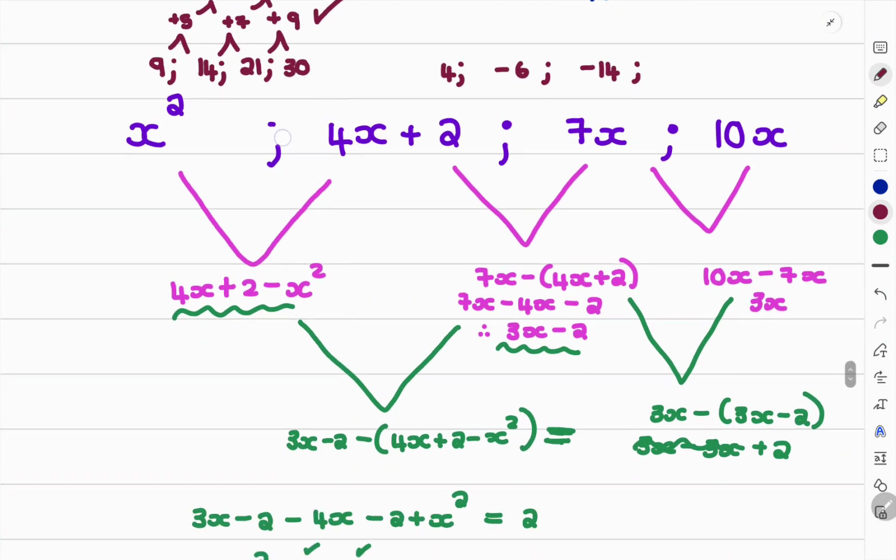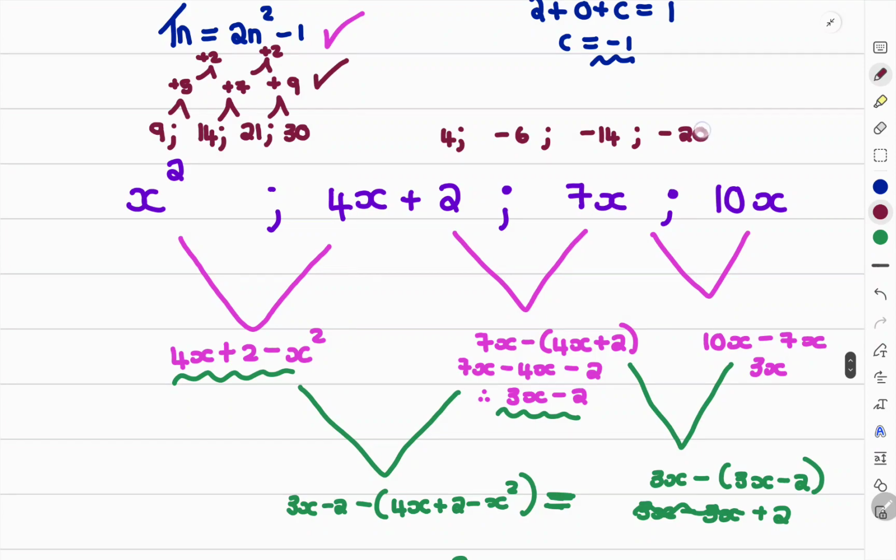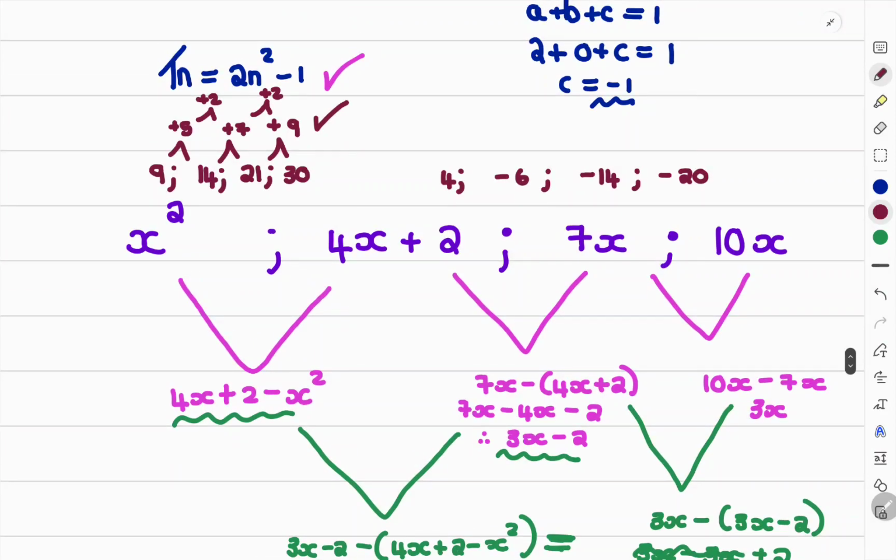I can hear you shouting it over there. And 10 times negative 2 is negative 20. So let's quickly have a look if it works out. There you can see your pattern. Every time we are subtracting from the first to the second, we're subtracting 10, then we're subtracting 8, then we're subtracting 6. And then with the second constant difference, you can see that you're always adding 2. Negative 10 plus 2 is negative 8, plus 2 is negative 6.